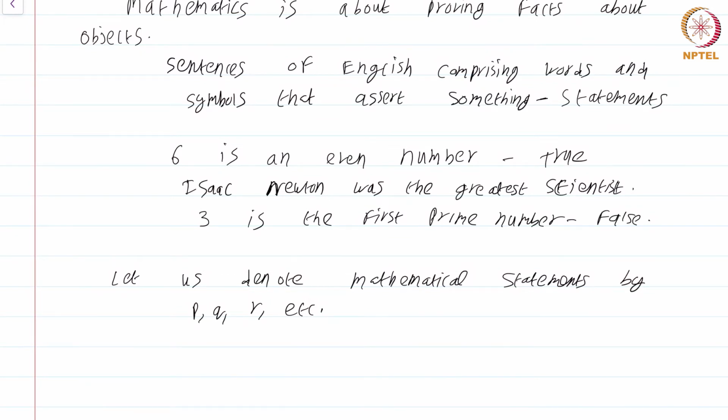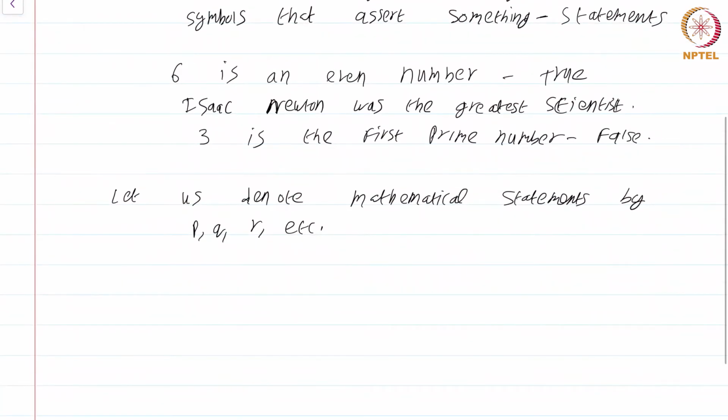P, Q, R are supposed to denote mathematical statements. They could be 6 is an even number, which is a true mathematical statement, or 3 is the first prime number, which is false. First, we need a language for combining statements, and that's provided by certain keywords.